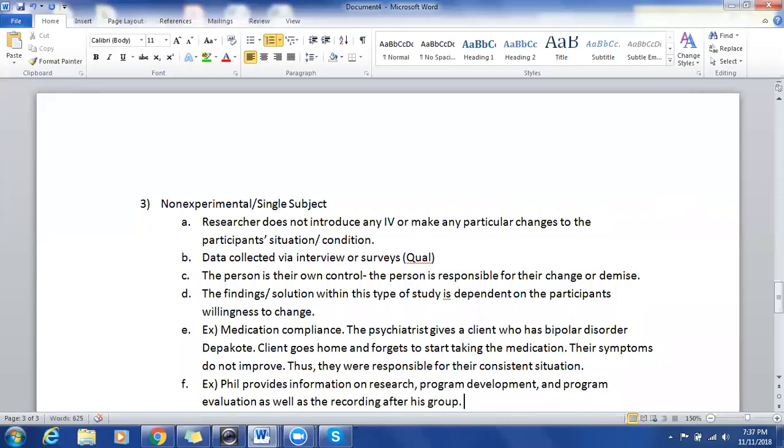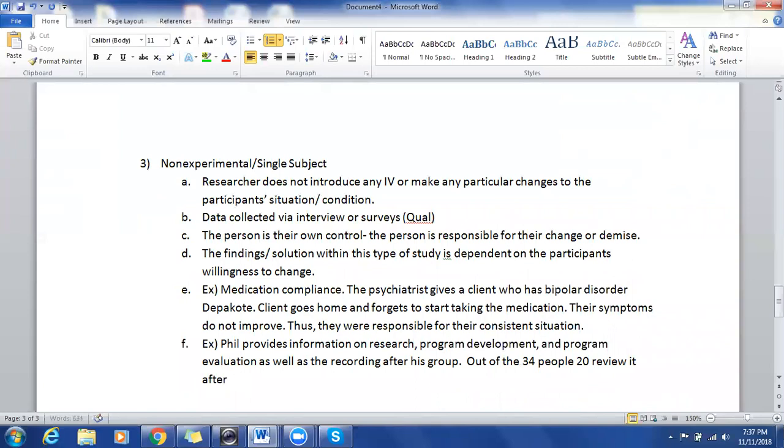How many people are here today? 34. Of the 34 people, 20 review it after, and the other 14 forget about the information in group.